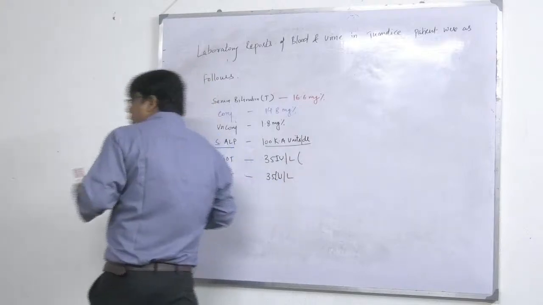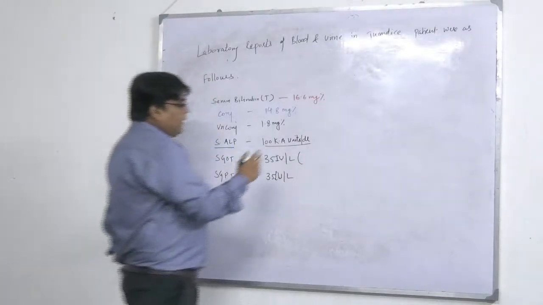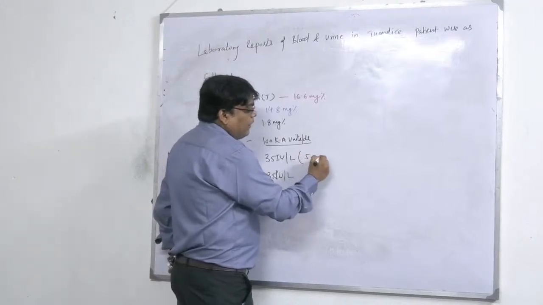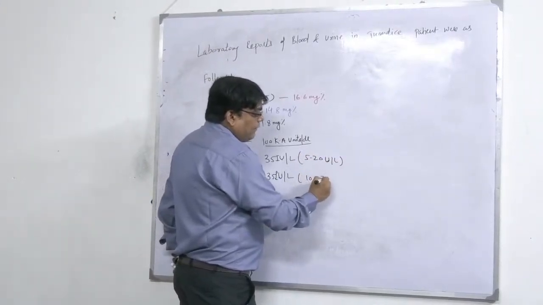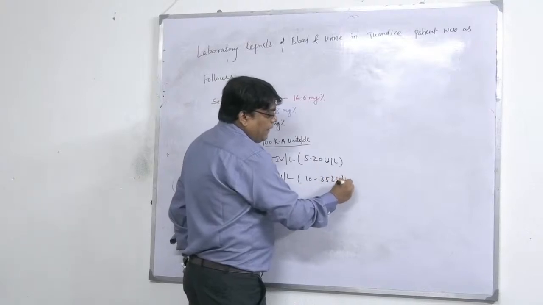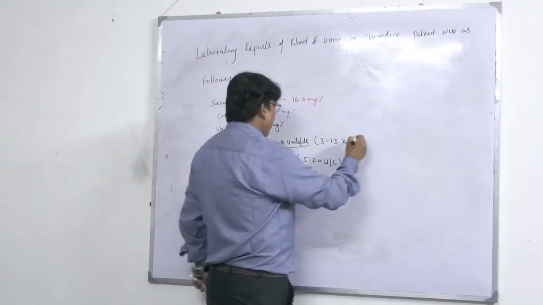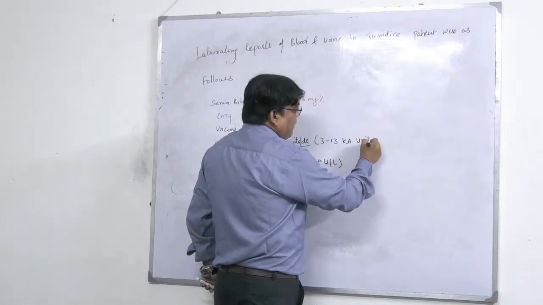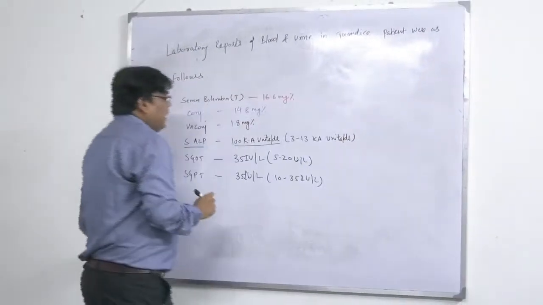Okay, the normal range of this is 5 to 20 international unit per liter, and this is 10 to 35 international unit per liter, and this is 3 to 13 KA units per dl.